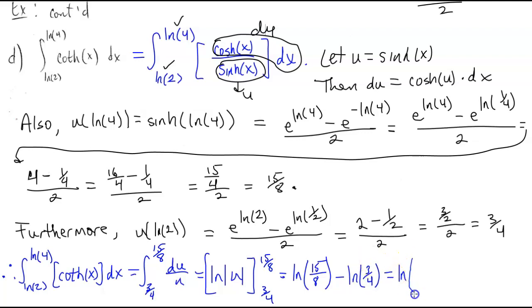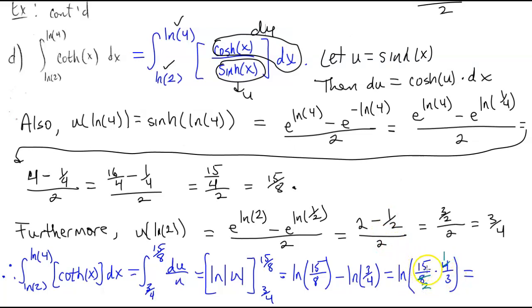And of course, using our logarithm properties, we can divide 15 over 8 by 3 over 4, which is going to be the same as 15 over 8 times 4 over 3. And so here we know that 4 divided by 8 is just 1/2.